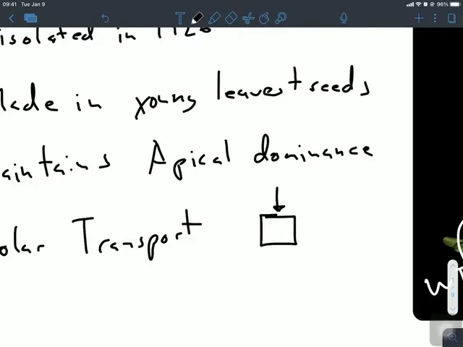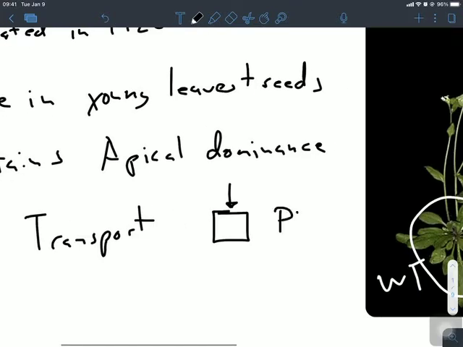And then there are receptors, transport proteins, called PIN proteins, that help direct the auxin from one side to the other, so that way they can go from one cell to the next.